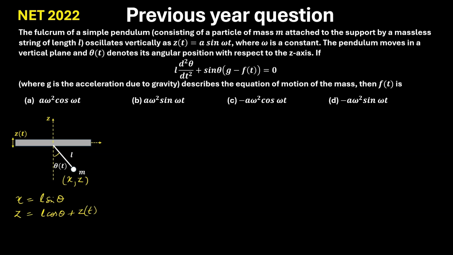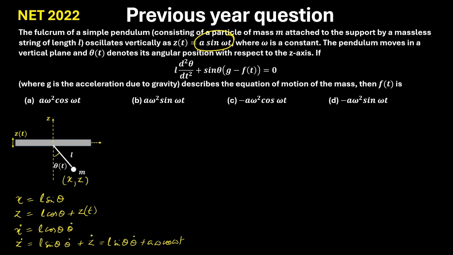Now from this I can find x dot. X dot will be L cos theta theta dot, and z dot will be L sine theta theta dot plus z dot. Z is already given here, A sine omega t. So I can write L sine theta theta dot plus A omega cos omega t.